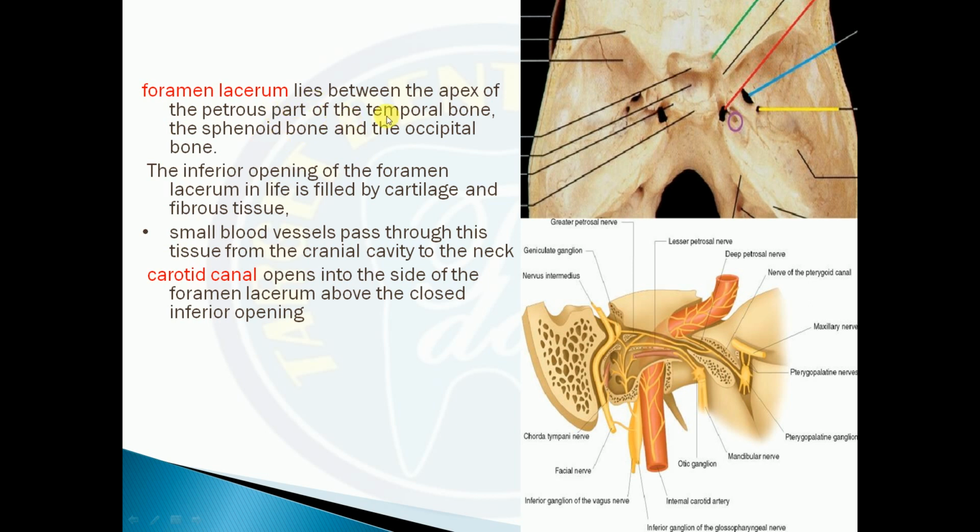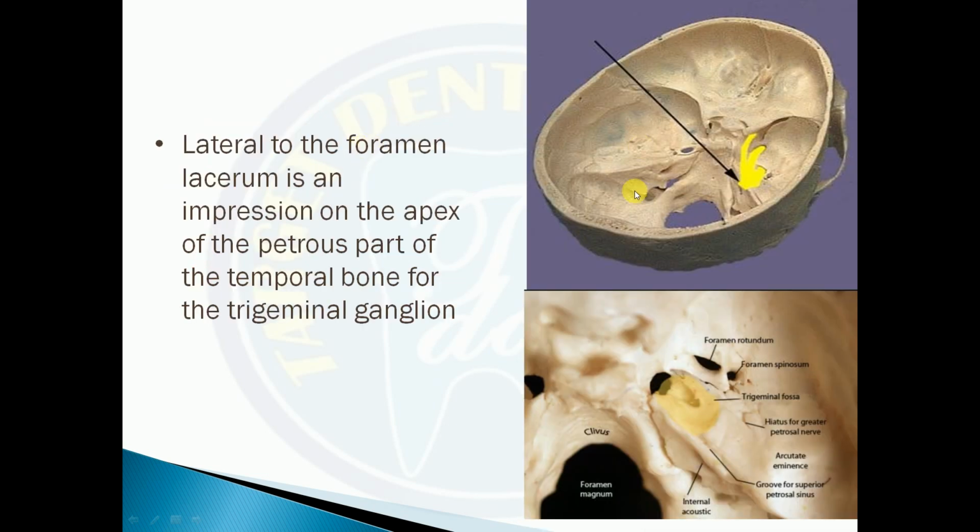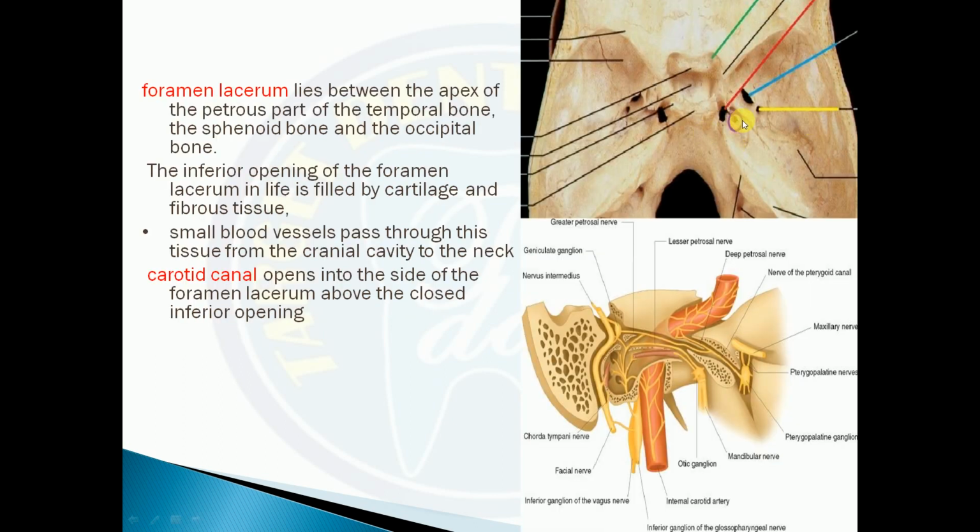The foramen lacerum lies at the apex of the petrous part of the temporal bone, the sphenoid and the occipital bone. This is the foramen lacerum. The inferior opening of the foramen lacerum is filled by cartilage and fibrous tissue.